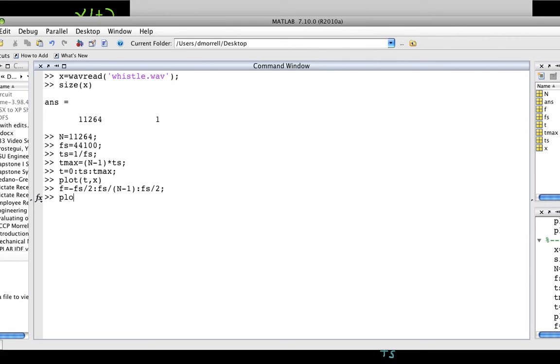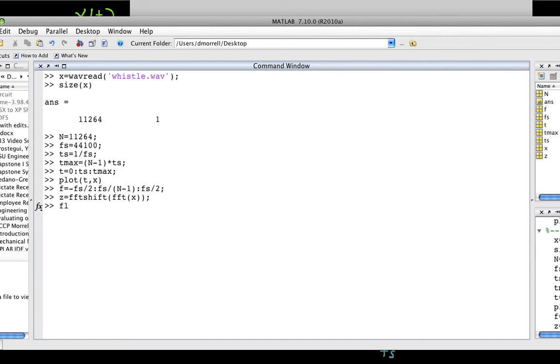Now we have to take the discrete Fourier transform of x. I don't think I have a lot of time in the video to spend explaining why I do it this way. I'll call the Fourier transform z, which is fftshift of fft of x.